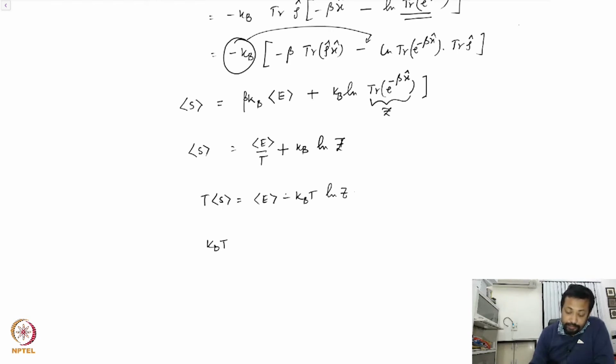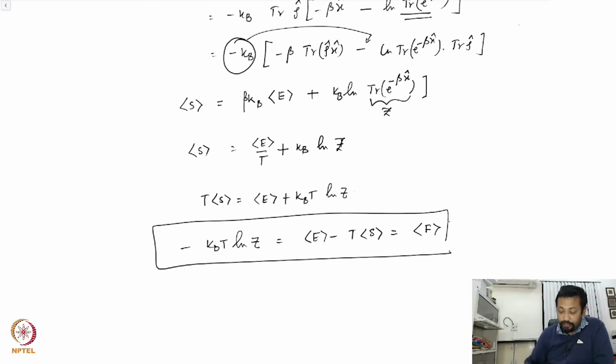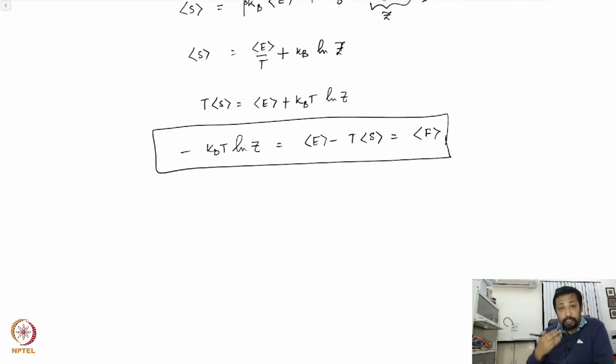So I have plus plus. So a minus of k_B T ln Z is the average of E minus T S, which we identify as the free energy. So, a nice correspondence with classical statistical mechanics.